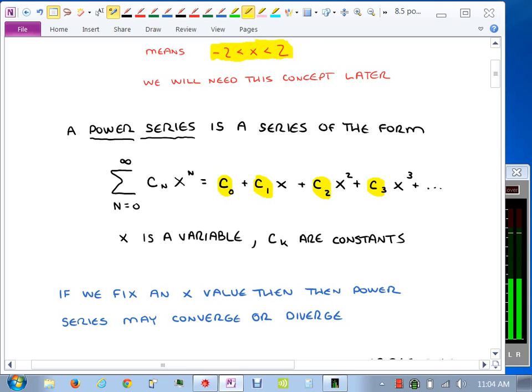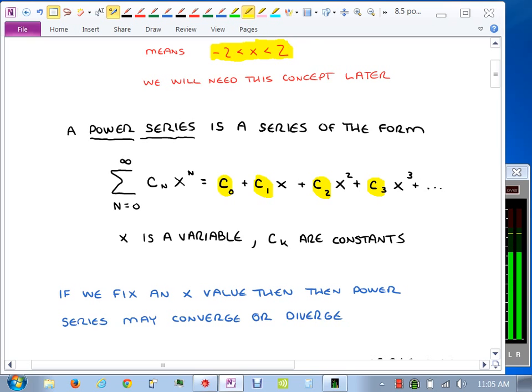But the x's should always follow a pattern that as you move out, the powers go up. Now they may skip. You may start off with no x, then an x squared, x cubed. You may have every power of x represented. But if some of these c's are zeros, then you could skip a power. So you could have some number, no x term, an x squared term, no x cubed term, but then an x to the fourth.